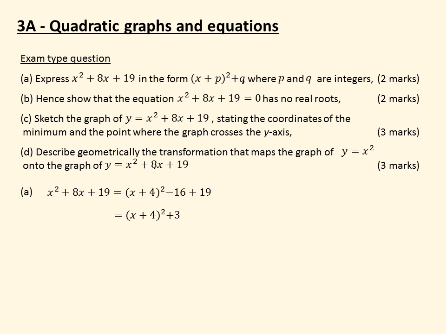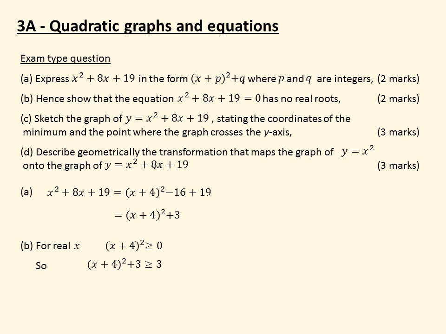Part B, we need to show that the equation has no real roots. So if we consider x plus 4 squared, because it's a squared number, it must always be larger or equal to 0. So when we add 3 on both sides, the expression x plus 4 squared plus 3 is always bigger or equal to 3.